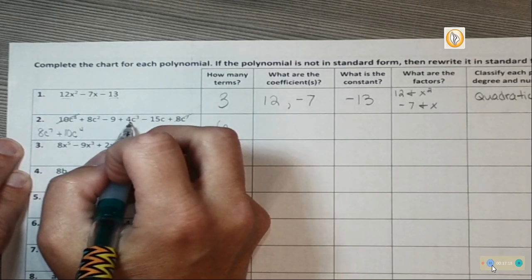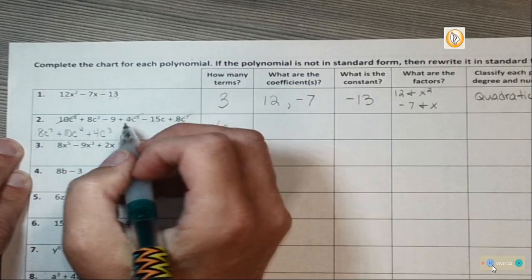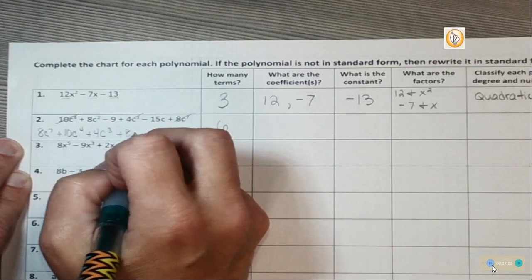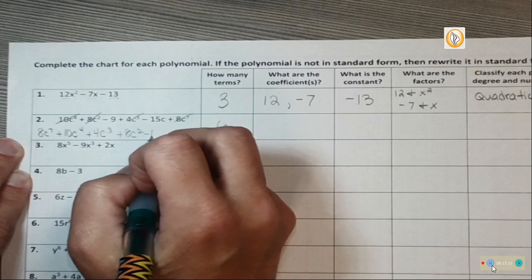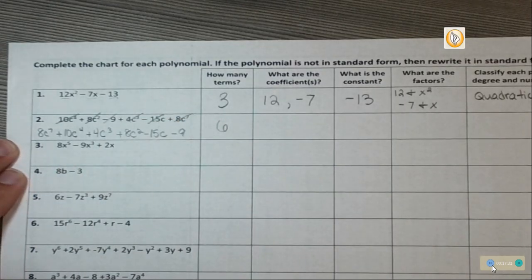I do have a 3, so plus 4c to the 3rd. Then plus 8c squared minus 15c minus 9. Now, you don't have to do that to classify it. I just like to. It helps a lot of students that need to see it in order.